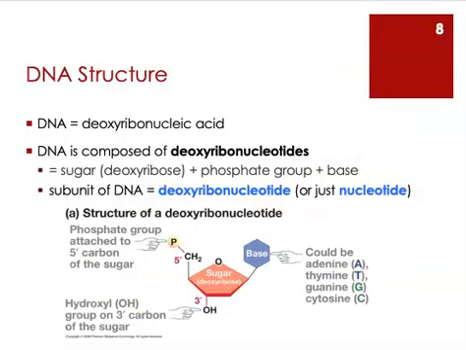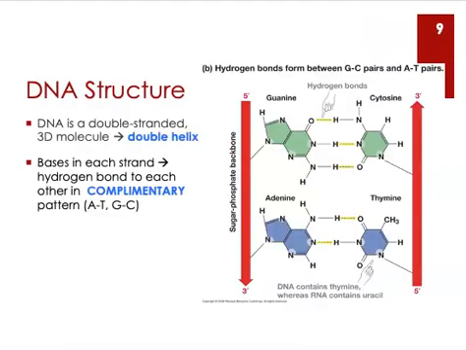We looked at the DNA molecule itself, including the subunit called the deoxyribonucleotide and the sugar, phosphate, and base components of that molecule. We looked at how 2 strands of DNA come together to form a double helix.